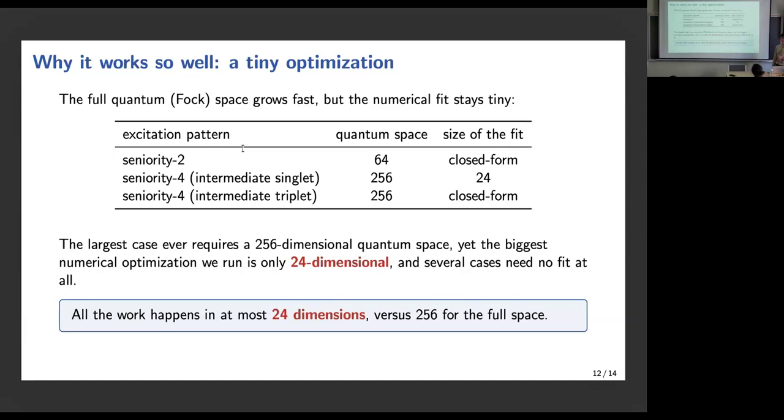No problem. What determines the quantum space dimension? Because in principle, you can add more orbitals. So how do you decide on the space? So the 64 is just coming from 2 to the 6. The 6 is basically the minimum Hilbert space that you would need in a sense.